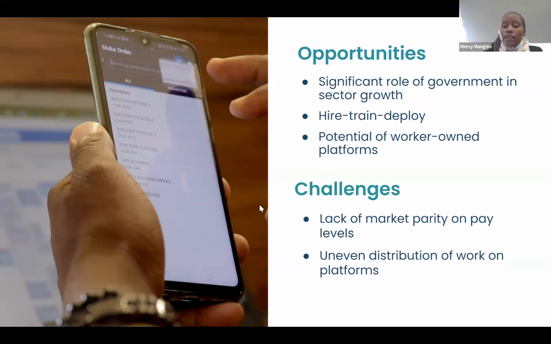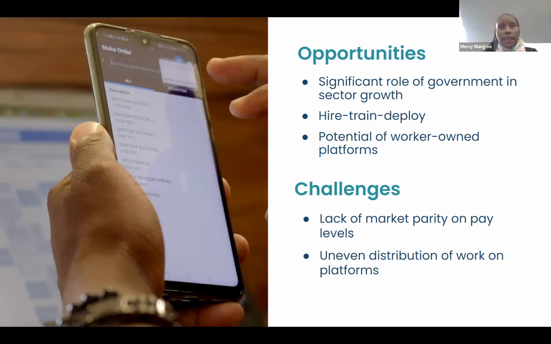Similarly, there are a couple of challenges, for instance the lack of market parity in terms of pay levels. This is where we see a winner-takes-all phenomenon, where different users are paid higher depending on their rating and credentials.